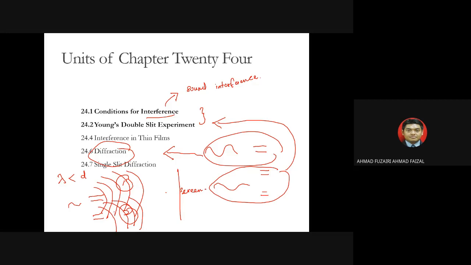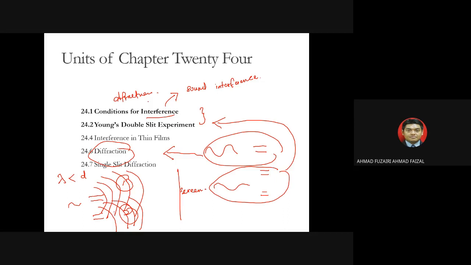Itulah yang dinamakan interference. So remember, when waves are combined, it becomes interference. But the wave itself, when it passes through a slit, will produce diffraction. Dalam ni pun ada diffraction, tetapi bila dua-dua diffraction berlaku, terhasillah interference.